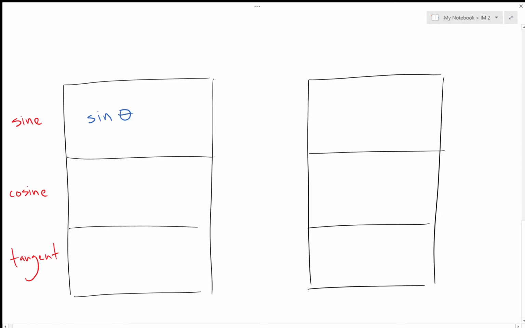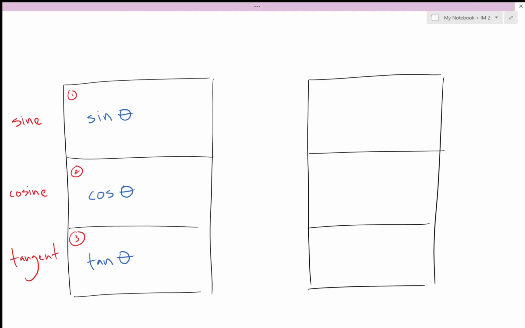That's how we write it, sine of theta. Cosine gets reduced to cos, so cosine of theta. And then the third one, tangent, is tan, tangent of theta. These are the first 3 trig functions, so 1, 2, and 3.